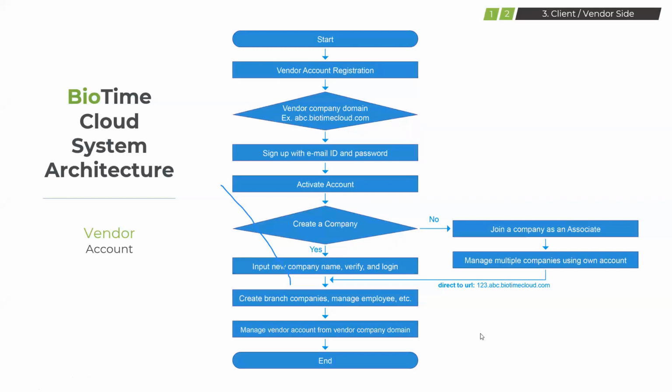If you don't want to create a company, there are steps to join a company as an associate. That means you're joining another company as an associate to manage multiple entities using your own single account. So this is the meaning of join a company as an associate. Let's show you in detail all the steps, how you define and register the client, vendor, or employee account.